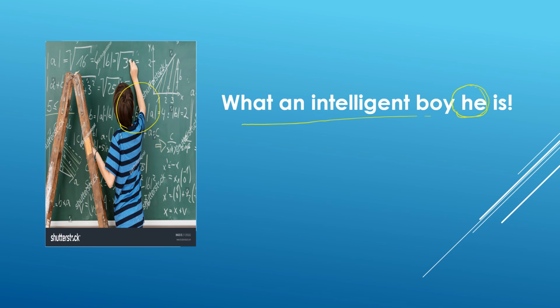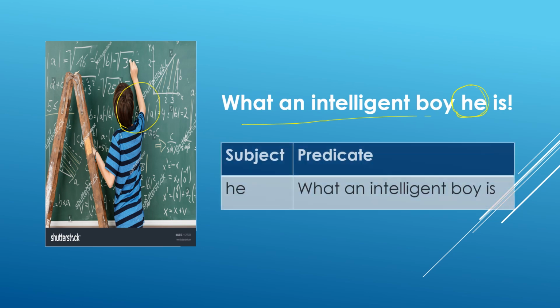So he is at the end of the sentence, but it is the subject. I am just trying to make you understand that the subject can be at the end of the sentence or at any other place in a sentence. So here, what is our subject? He is the subject, and what an intelligent boy is our predicate.